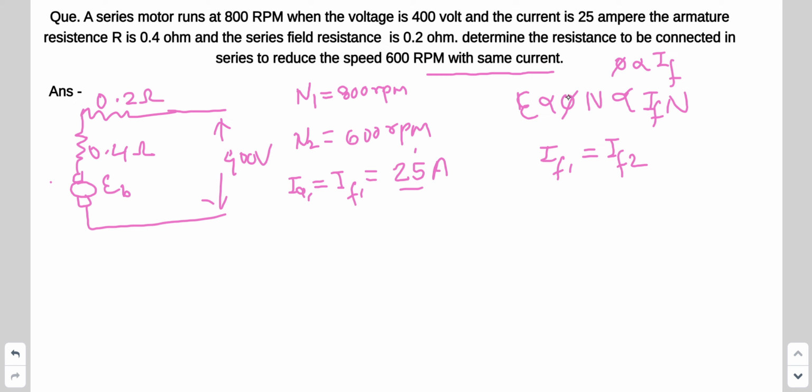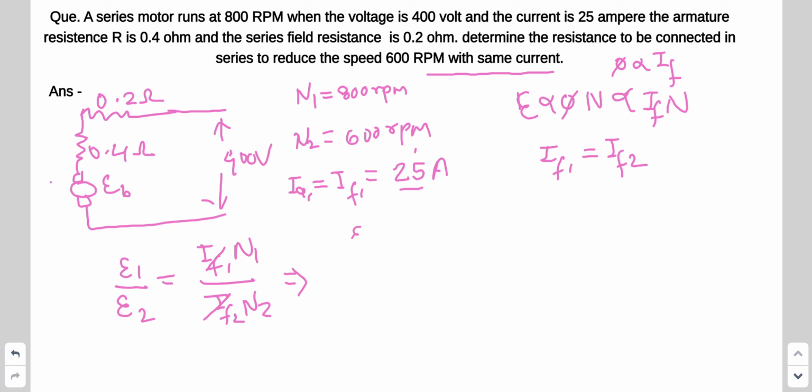So from here we can write E1 divided by E2 is equal to IF1 into N1 divided by IF2 into N2. This current will be same, so E1 divided by E2 is equal to N1 divided by N2. We have N1 and N2 given, E1 we can find, so we can find E2 from this equation.